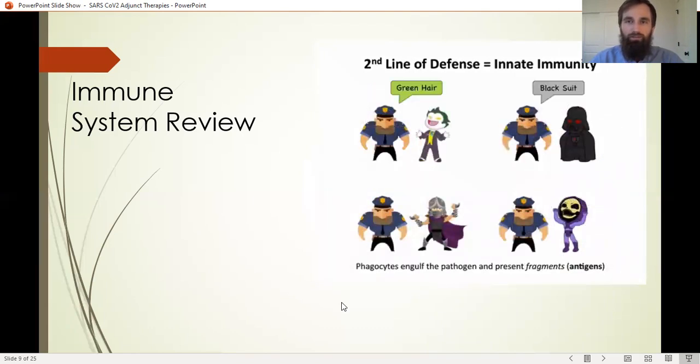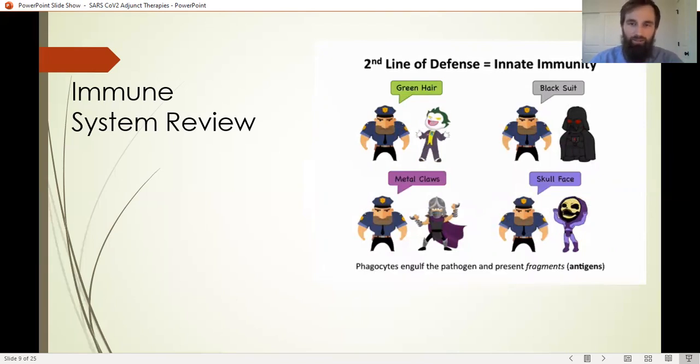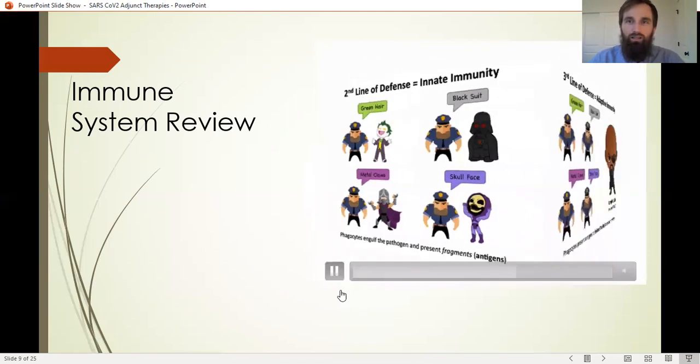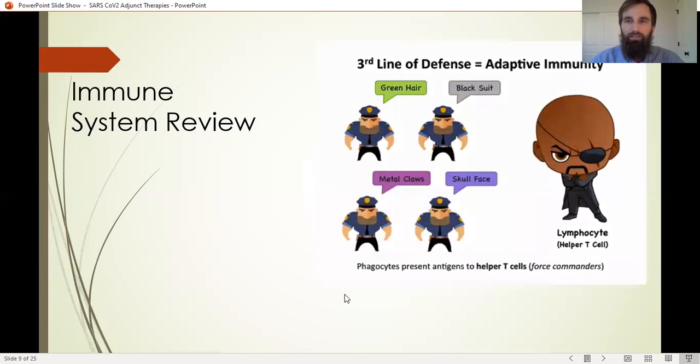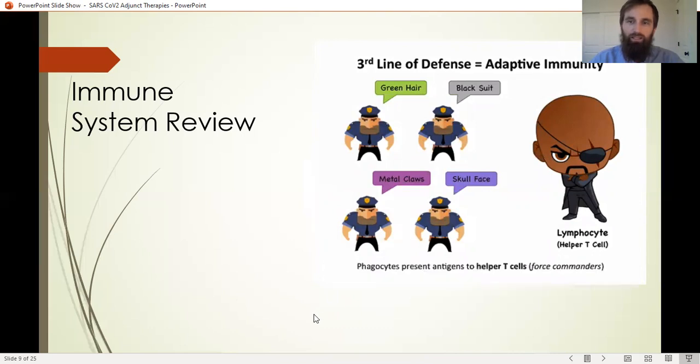So the innate immune system really takes note of some of the characteristics of the infecting pathogen, and it communicates them to the third line of defense, your adaptive immune system. And that would be the helper T cells.